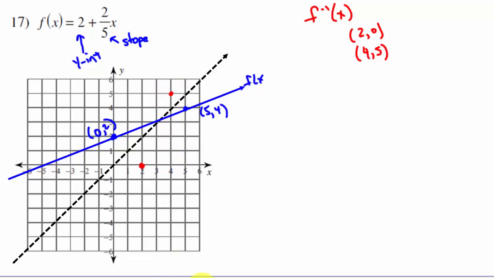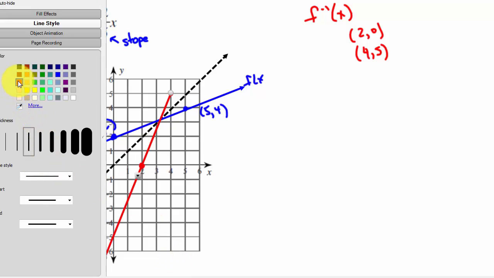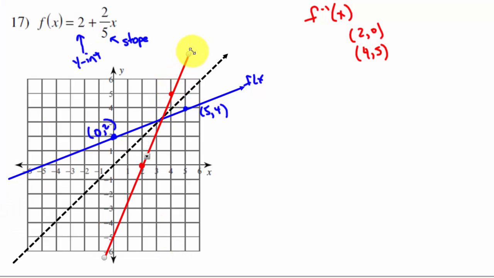And now let's draw a line through those 2 points. And let's fix the properties on that so that we can make that line red and extend it. Let's extend that line. And that's our graph for f inverse of x.